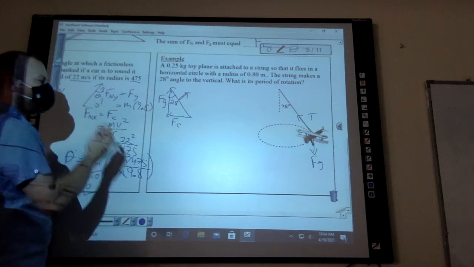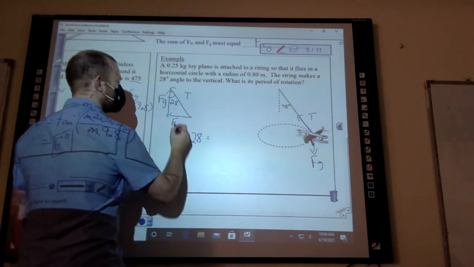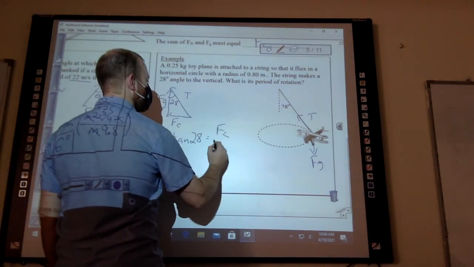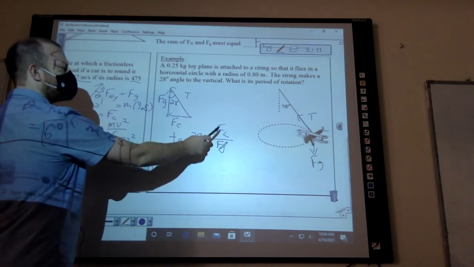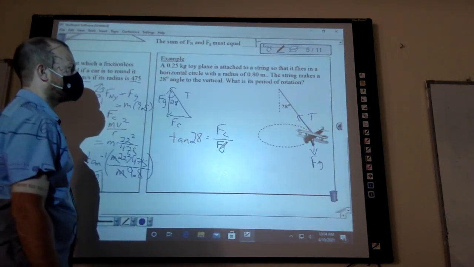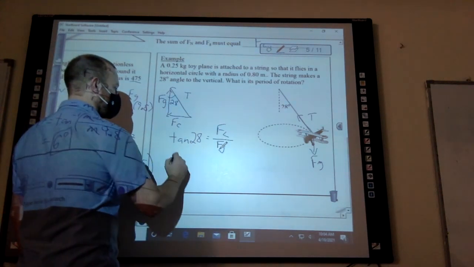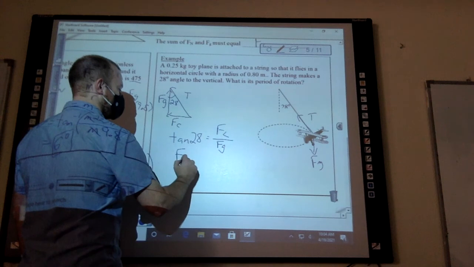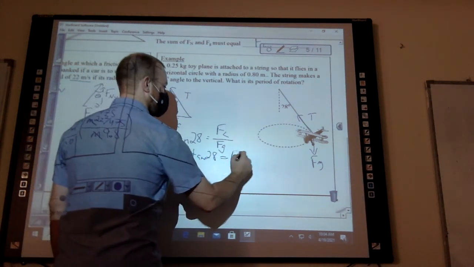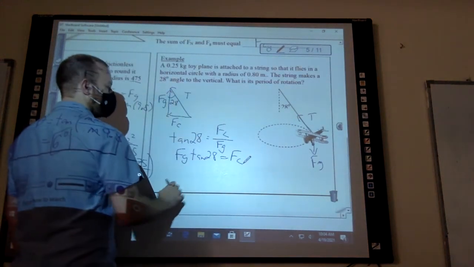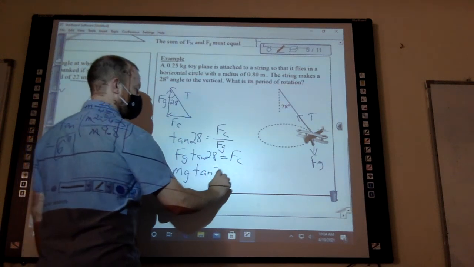So in order to solve this, we've got tan 28 is equal to the opposite, Fc, over the adjacent, Fg. And then we just need to solve for the period in the Fc. So I'm going to make this a little bit easier. I'm going to put Fg over here first before substituting. So Fg is just mg times tan 28.